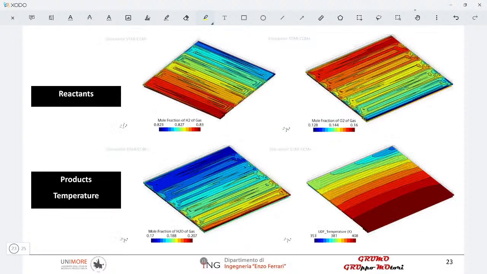Okay. And I mean, these are just a few modeling examples that we ran in our research group. This is for a conventional triple serpentine hydrogen air fuel cell. You might see on the catalyst surface what is the mole fraction of hydrogen and oxygen.